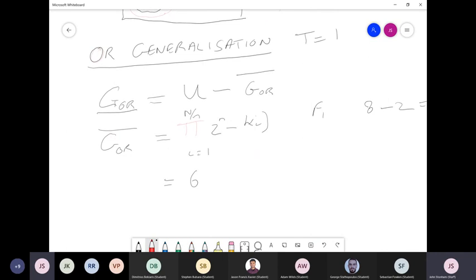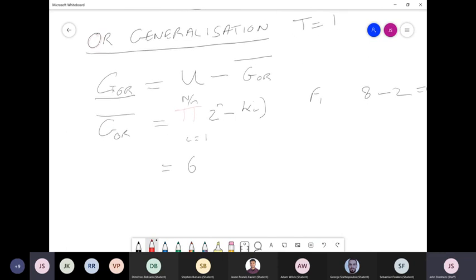Sorry about that, folks. So it is going to be 6 for K1 times 6 for K2, because K2 is 2 also, times 6 for K3.